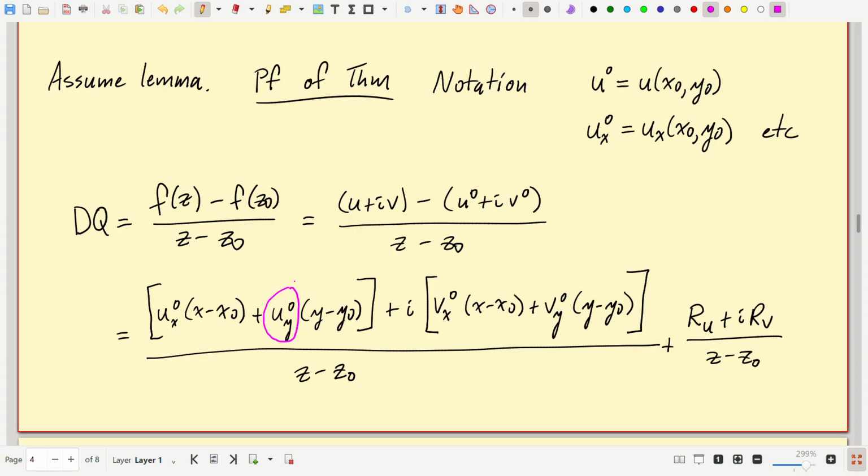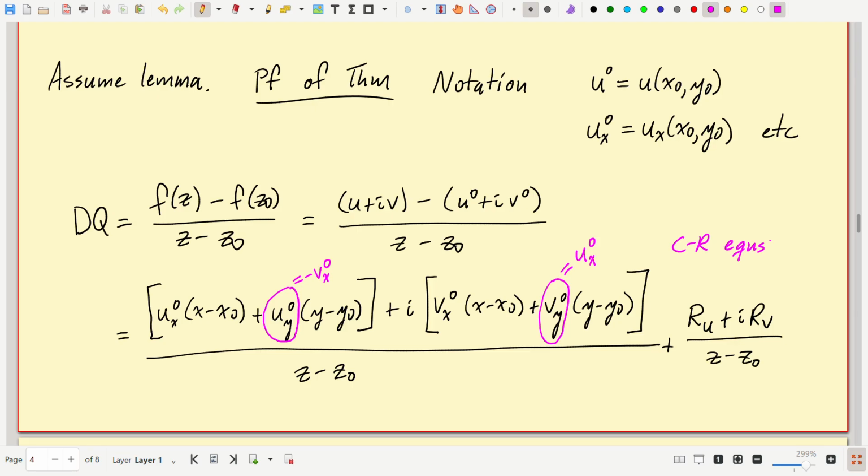So du dy is equal to minus dv dx naught. And here's another one I hate: dv dy is du dx. So that purple stuff is the Cauchy-Riemann equations, and I was selective in trying to get rid of the y derivatives. And now a miracle happens.